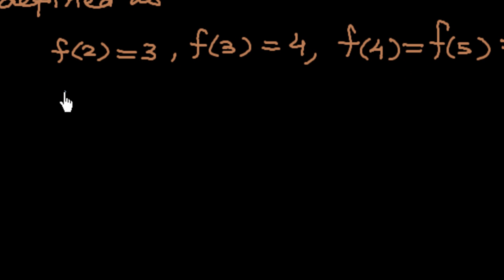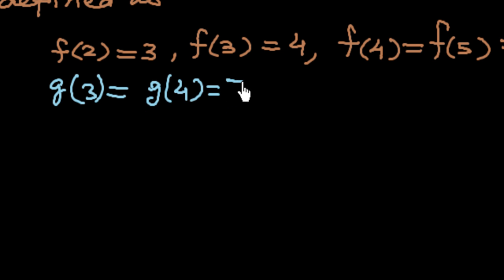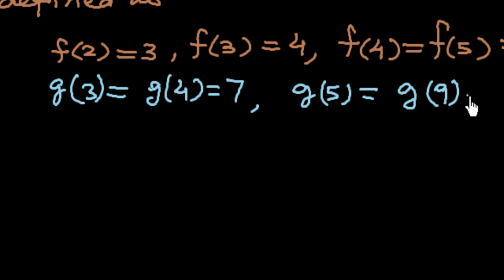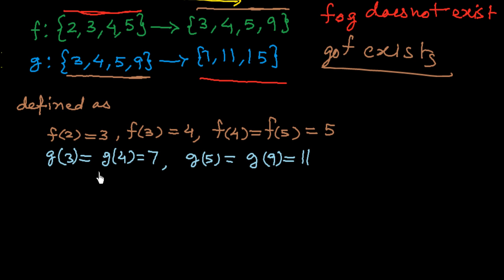Now for g: g(3) = g(4) = 7, and g(5) = g(9) = 11. So now we find g of f.